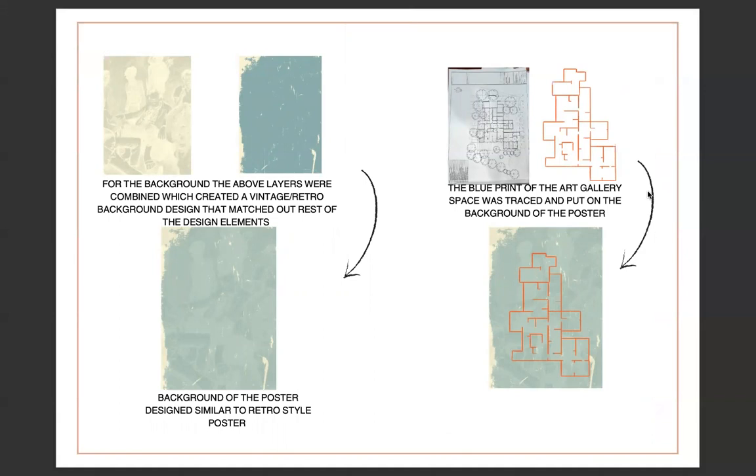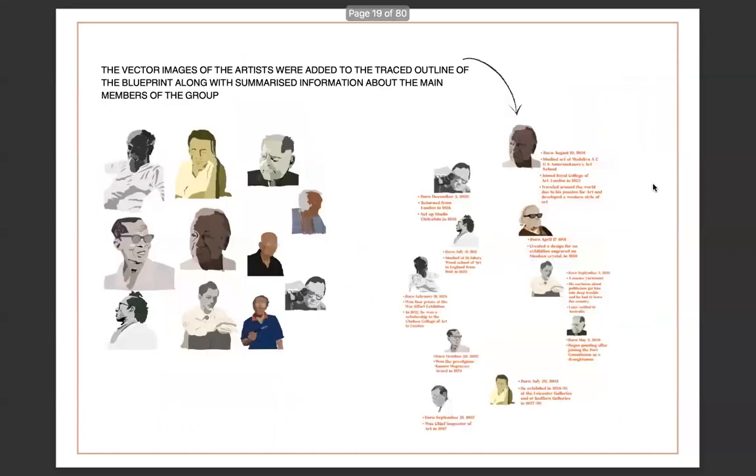We made a background using a picture of the 43 Group members and lowered the opacity to make a retro style background. On the other hand, we have the blueprint of the art gallery, which we put into the background to make the infographic outline.